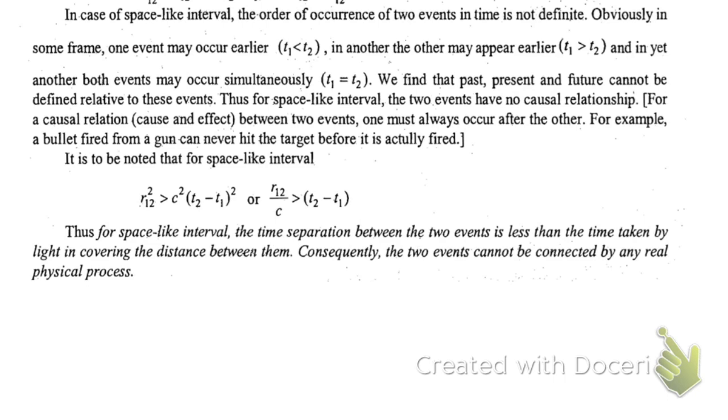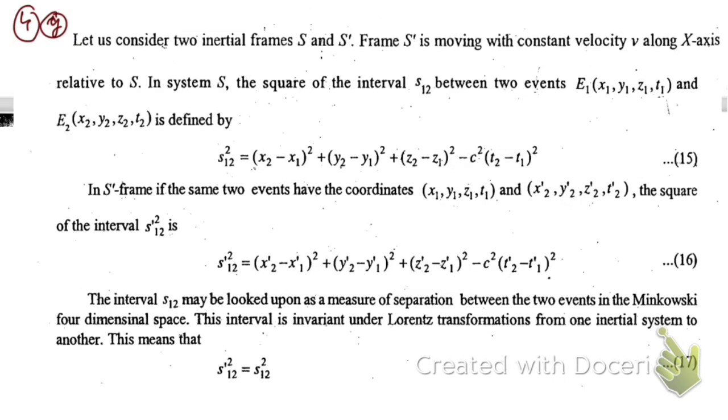And now let me mention one more thing. Here it is equation number 15. It is not necessary that you write 15. You can write 1, 2, 3, because in the book from where I have taken these answers, there were more equations before this topic started, so they have continued from there.